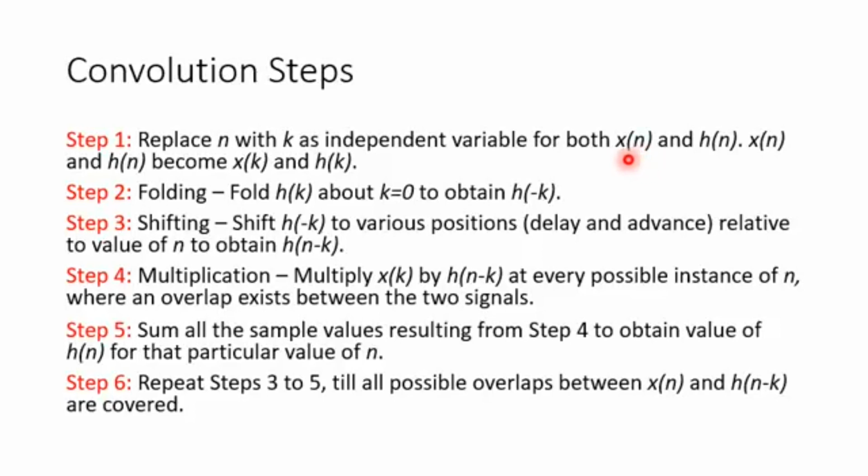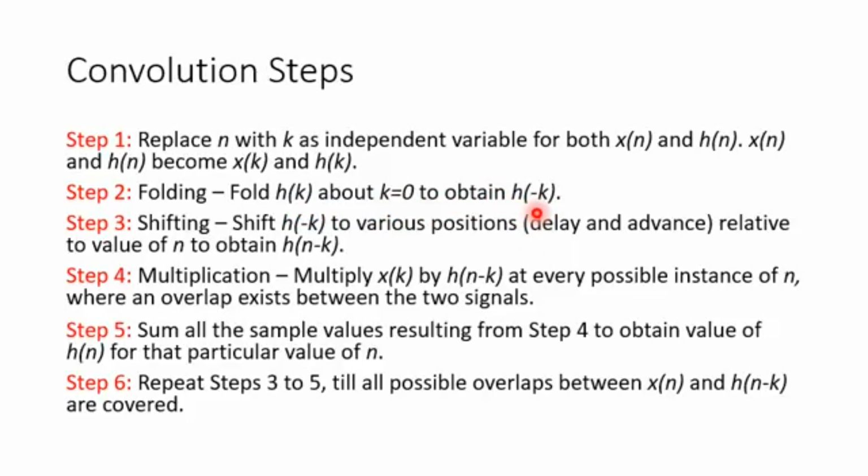Other than this explanation, there is not much to be done. We just start calling x[n] and h[n] as x[k] and h[k]. So this is step 1. Step 2 is we fold the impulse response about k equals 0 and we get h[-k]. We have seen how the folding works.